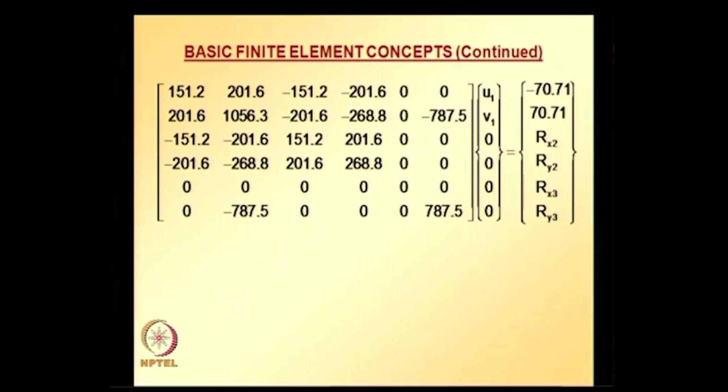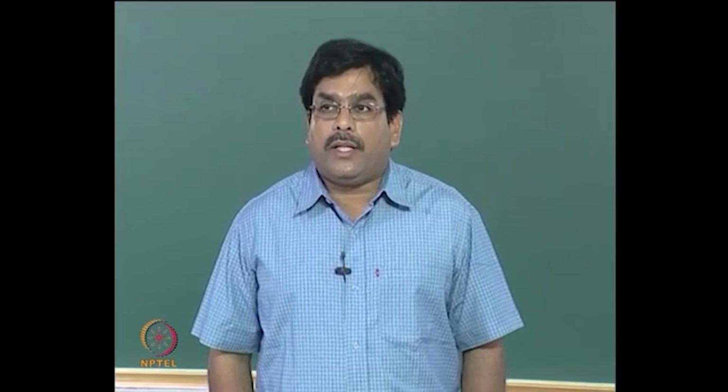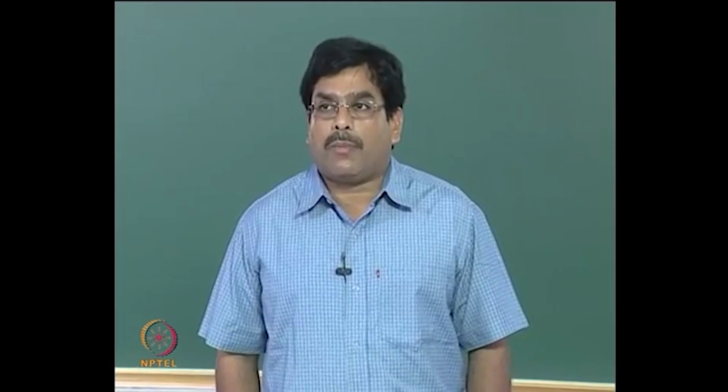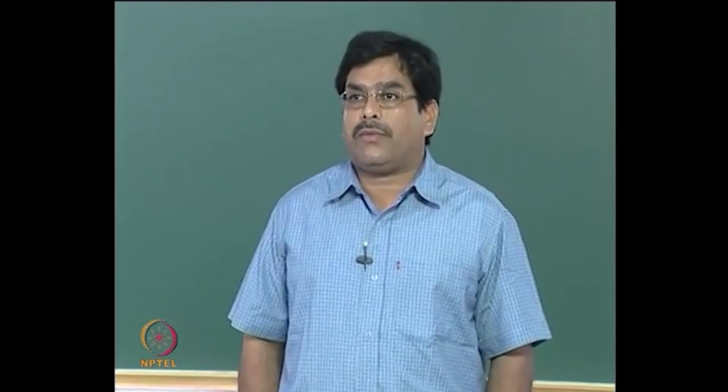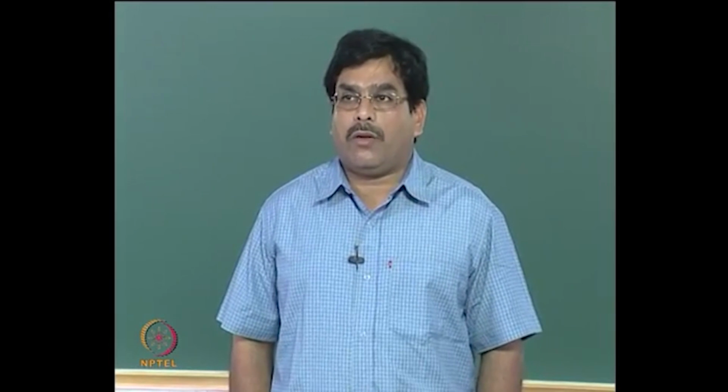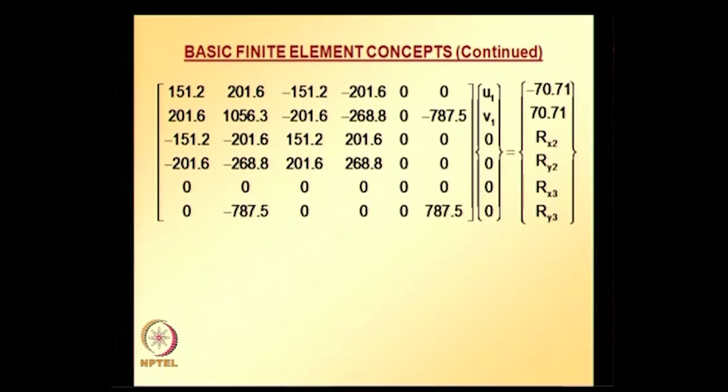So, the corresponding degrees of freedom values will be equal to 0, and the only unknowns are u1 v1, which correspond to the degrees of freedom for node 1, and wherever a 0 value is applied for the degrees of freedom, reactions will be developed at those points. So, since displacement degrees of freedom values at node 2 and node 3 are 0, in the corresponding locations in the force vector, reaction terms will be there.